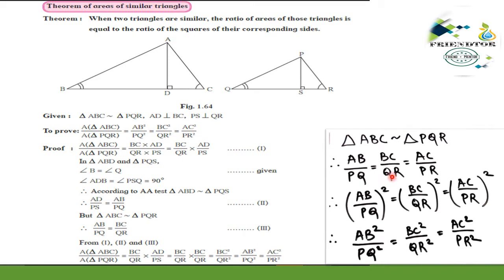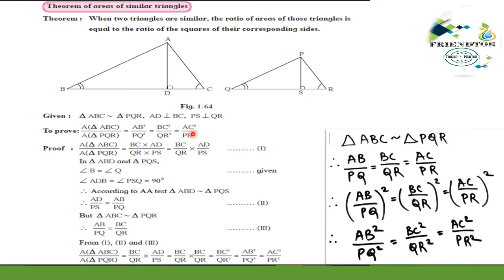When two triangles are similar, we know that the corresponding sides are in the same ratio, correct? Now if the ratio is the same, I can square this and the equality will still hold, correct? After squaring, what I will get? AB square upon PQ square is equal to BC square upon QR square and is equal to AC square upon PR square. So this part is actually trivial.